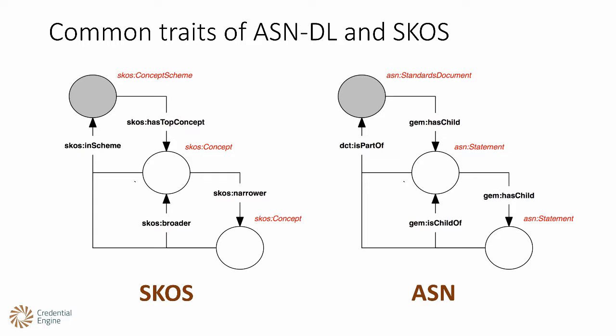It's a different set of verbs. We have to say different things about competency frameworks than we do about concept schemes. Their structure feels the same, but their vocabularies are different, so they each have their own vocabulary.